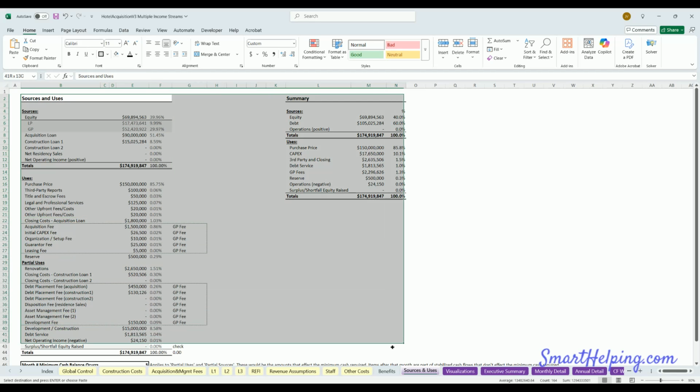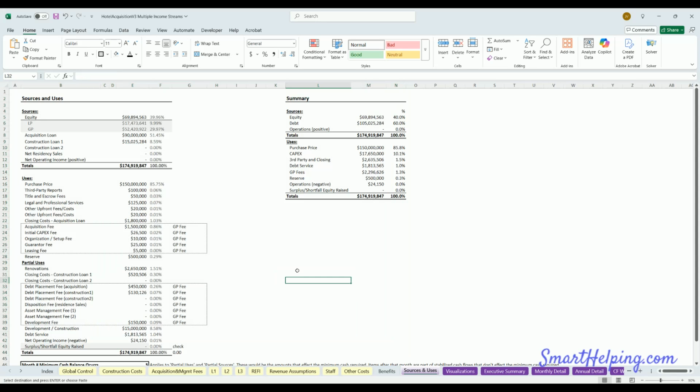I feel like this model probably has the best sources and uses logic for something that has ongoing costs up to a certain point before you stabilize, which is exactly good for hotel construction projects. But it also works for acquisition. The nice thing about this is you can do it with either, and it works perfectly. But this has really good logic that I'm going to go through here in a little bit.